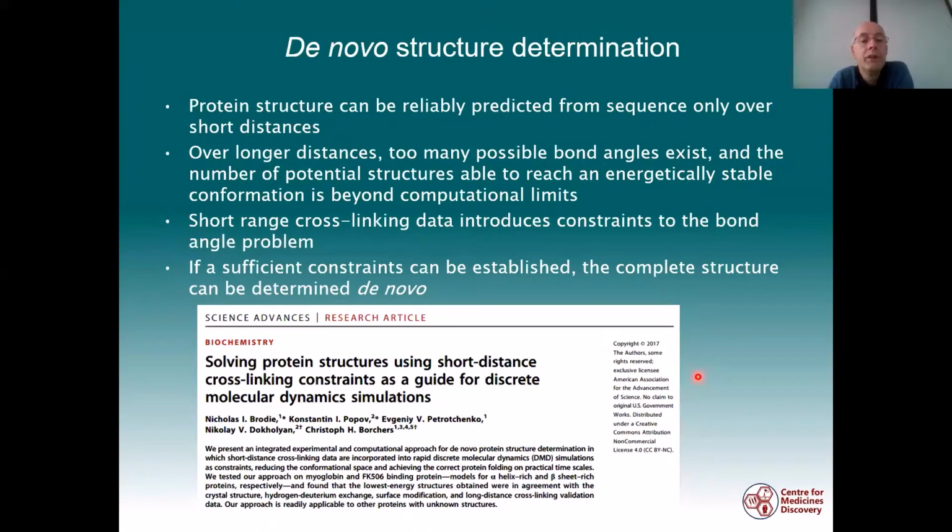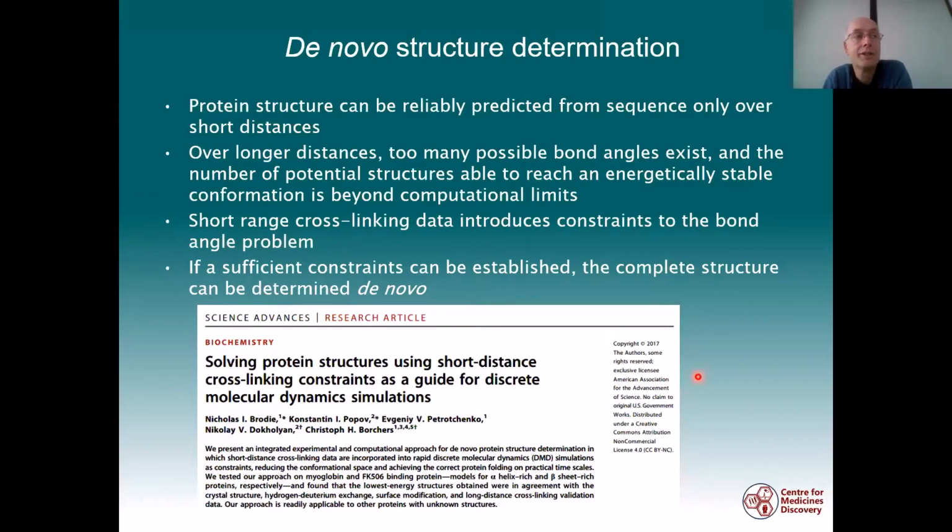However, if you have cross-linking data, what cross-linking does is introduce constraints into your model. The more constraints you can introduce, the more this helps you solve this problem. If you have a sufficient number of constraints in your model, it is in theory possible to determine the complete structure of your protein de novo.